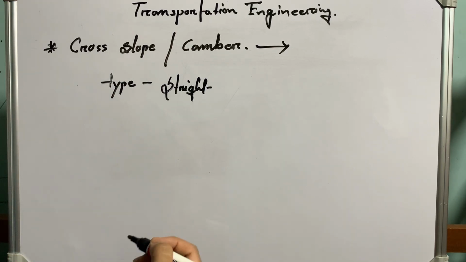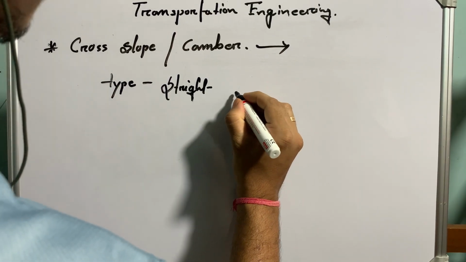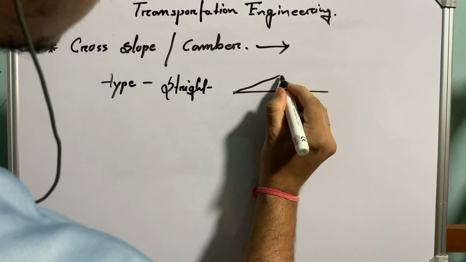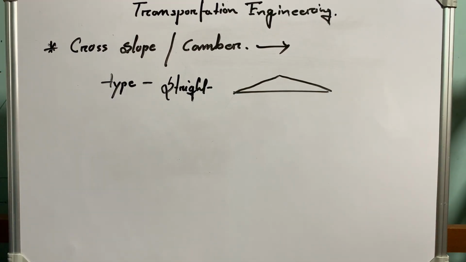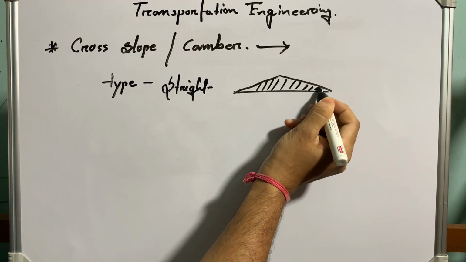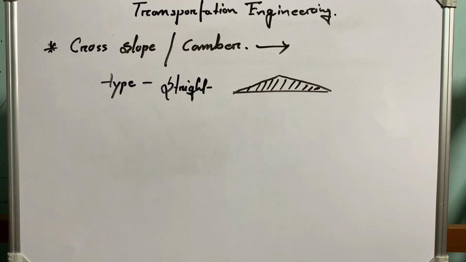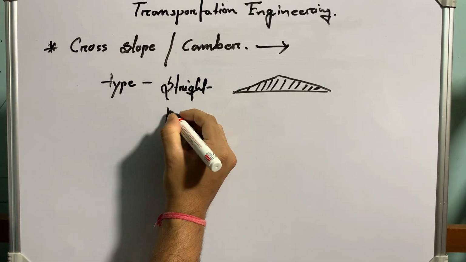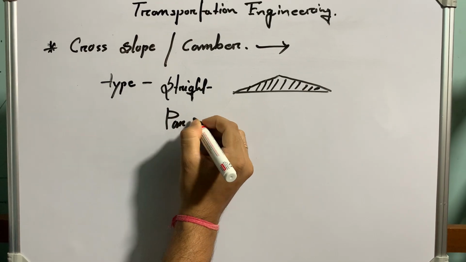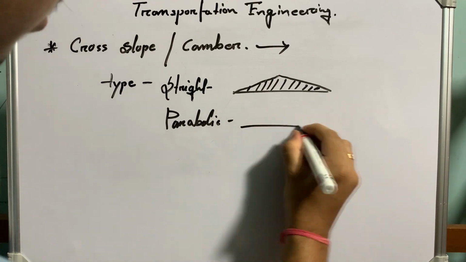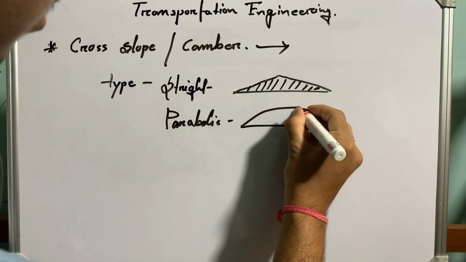So how does the straight camber look? The center part is projected, meaning the elevation of the center part is higher than the two edges. This is a straight one. The camber looks like straight, that's why. Then the second one is parabolic. Let me draw it.